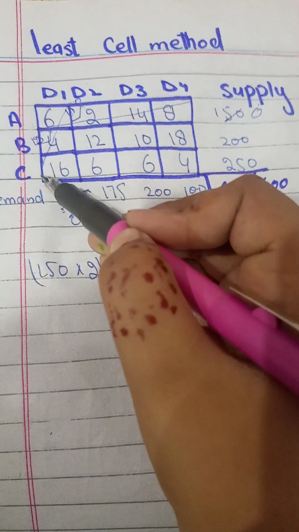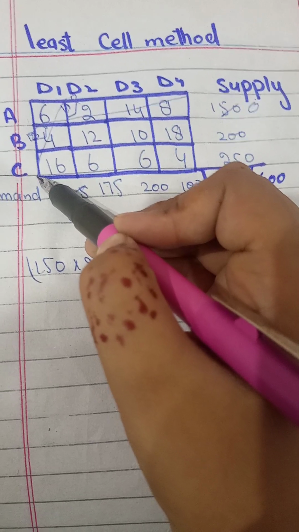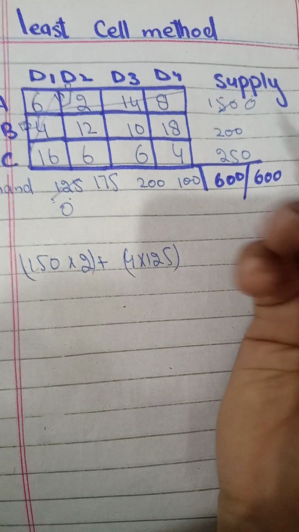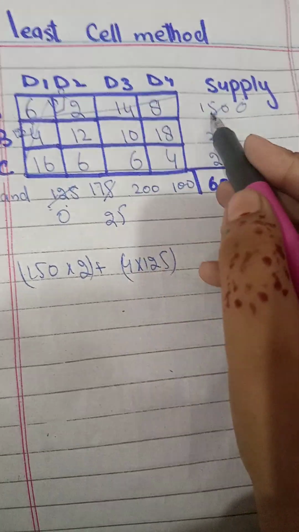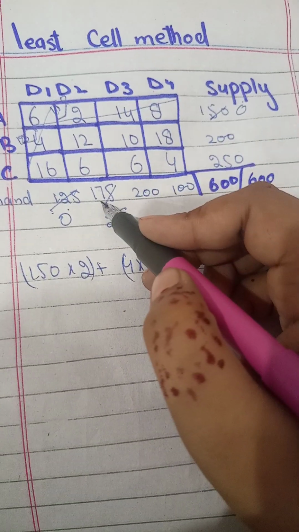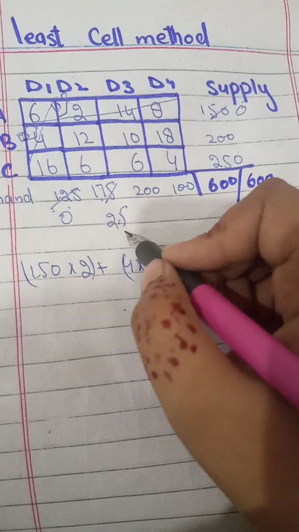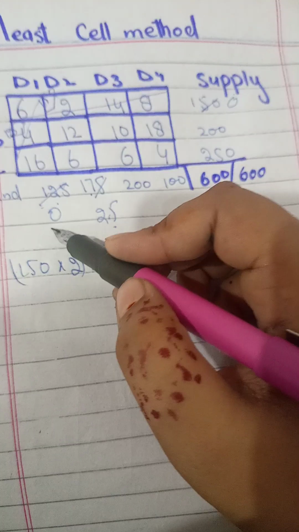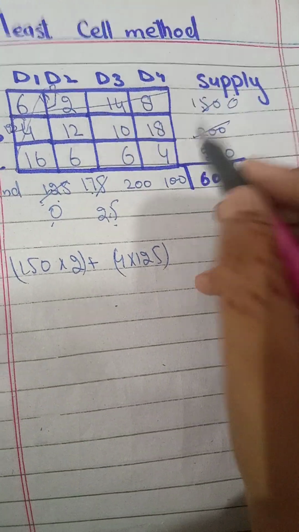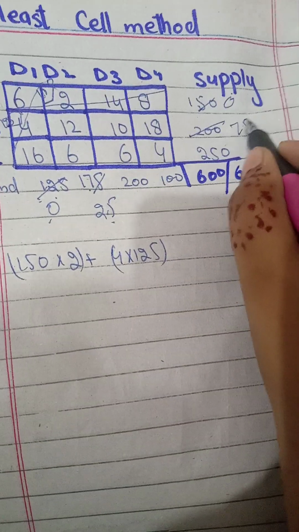In this way, the whole column will become 0. Here it will become 25 because 175 minus 150 is equal to 25. So it becomes 0. Then 200 minus 25 is equal to 75.